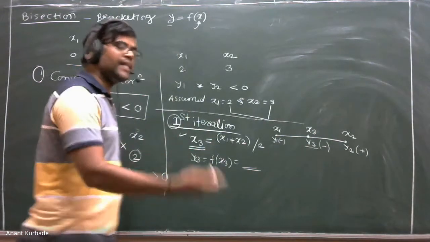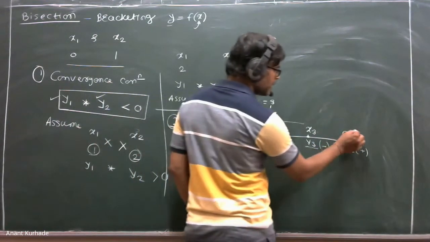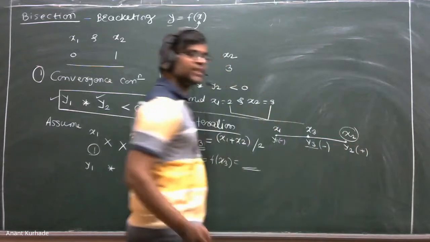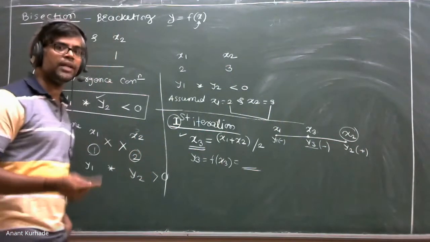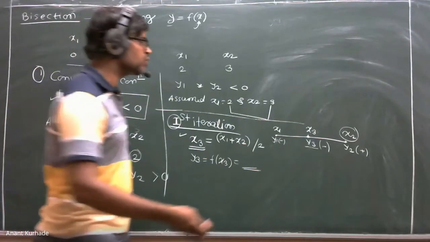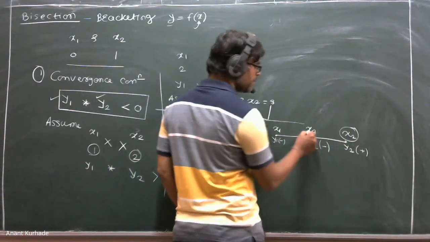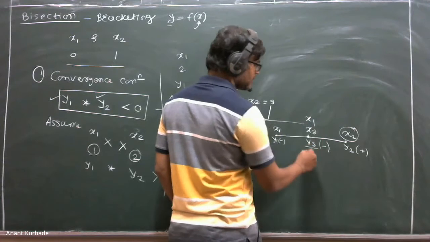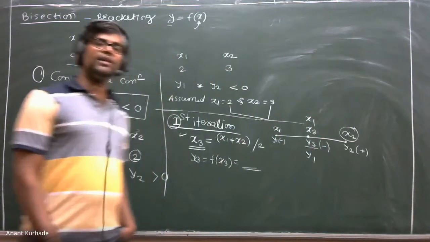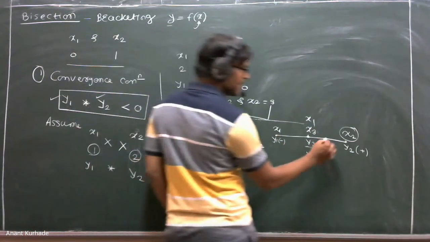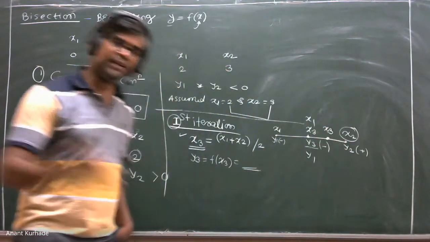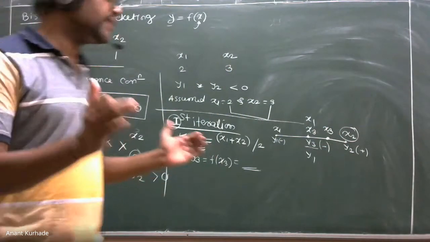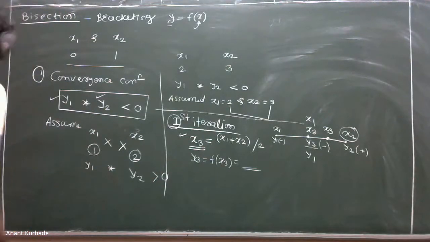So for the second iteration the root lies with x2. x2 stays as it is, but each iterative formula requires two values, so we already have x2 and replace x1 by x3. Again go for iteration and find the new x3. Then we repeat so that we get very near to the exact root. This is the procedure.